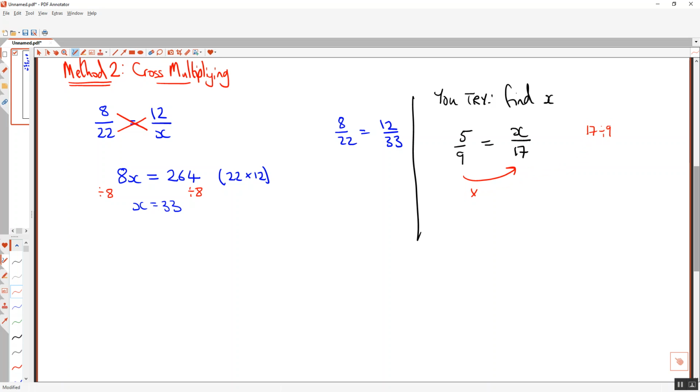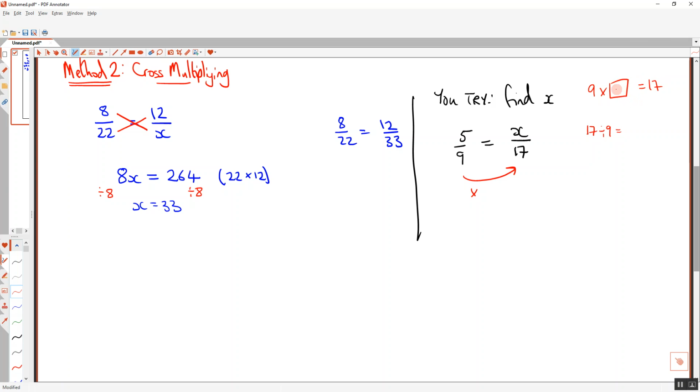Did you do 17 divided by 9? Okay, well, we need to work out, what do we multiply 9 by to get 17? So 9 multiplied by what gives me 17?